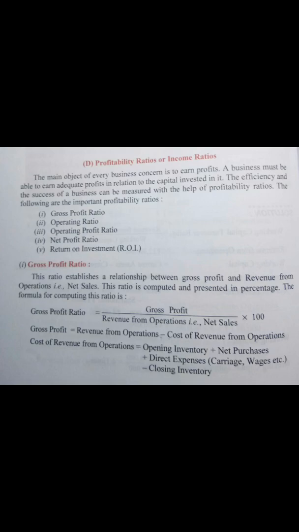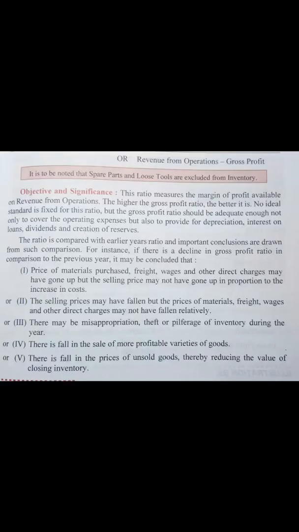In this you have to add direct expenses, that means all the carriage, wages, if there's any, and from this we have to subtract closing inventory, or we may subtract gross profit from revenue from operation. In this way also we can calculate the cost of revenue from operation.